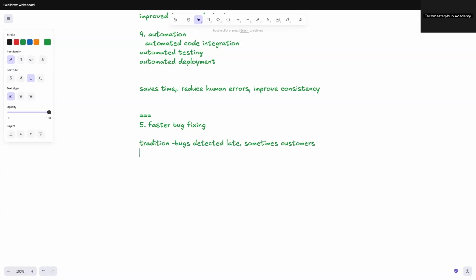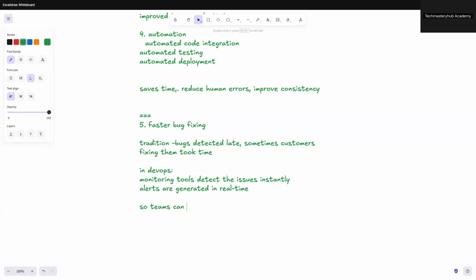And fixing them took time. In DevOps, monitoring tools detect the issues instantly. Alerts are generated in real time.